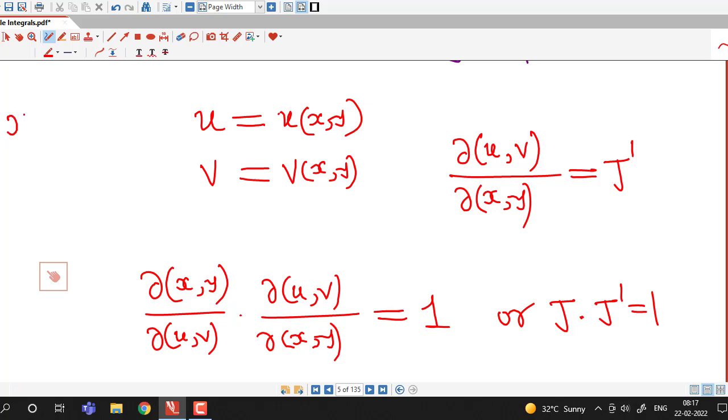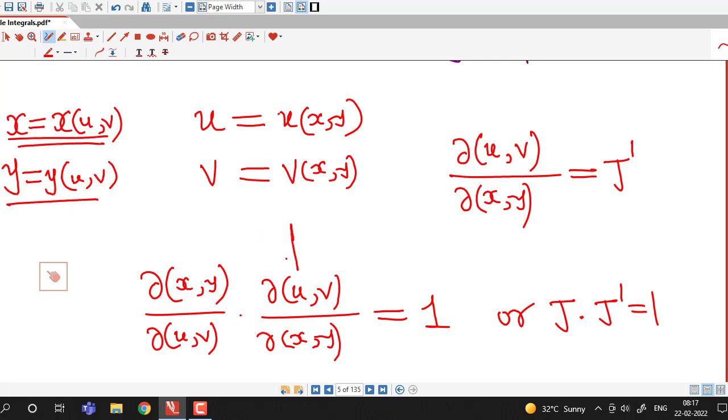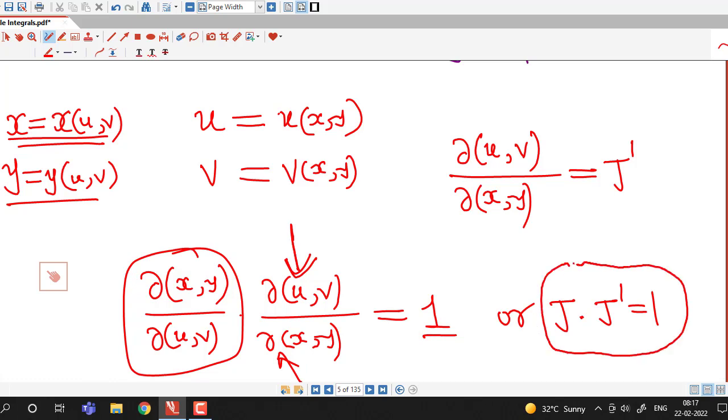So sometimes what happens, suppose we are considering this transformation, x is a function of u and v, y is a function of u and v, and suppose it is easy to calculate this Jacobian of u, v with respect to x and y. Then we can calculate this Jacobian first, then the Jacobian of this will be equal to 1 divided by this Jacobian. So we can use this property sometimes if it is not easy to find out the Jacobian of x, y with respect to u and v.